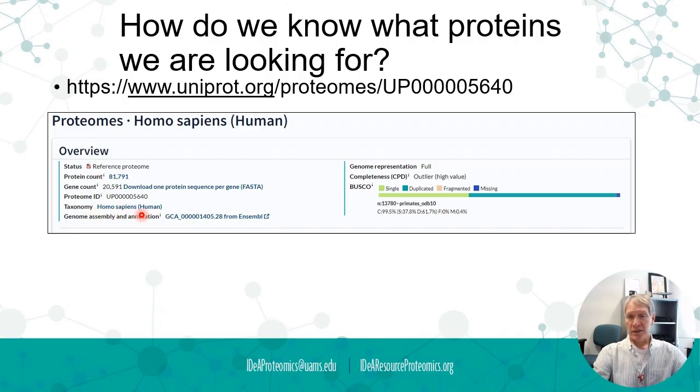These would be a list of proteins that are found generically in every human cell. There are about 20,000 of them if you just take the most predominant protein sequence per gene. And if you count all of the variants, you'll get up to above 80,000 proteins total.